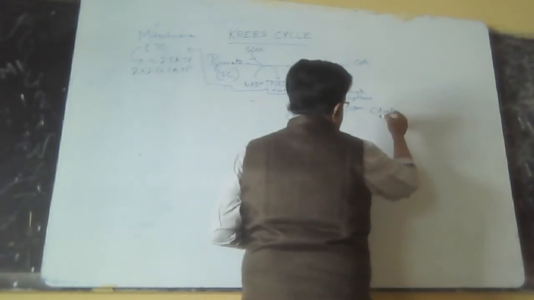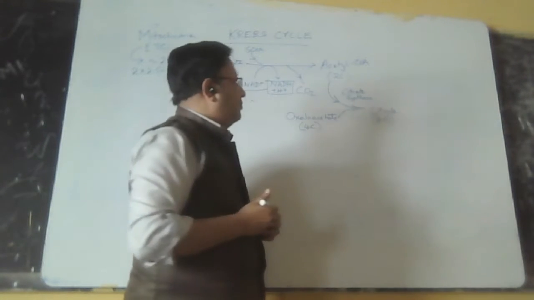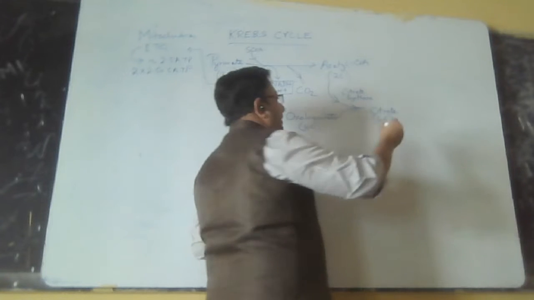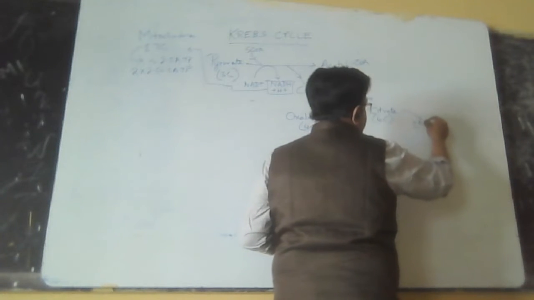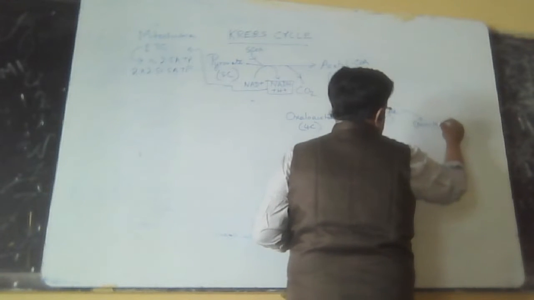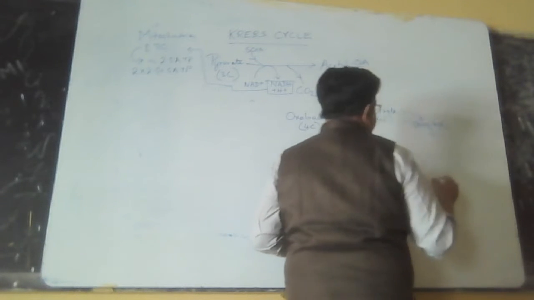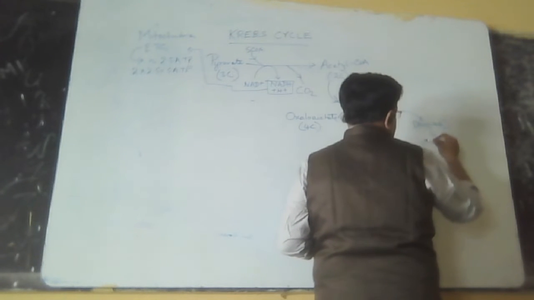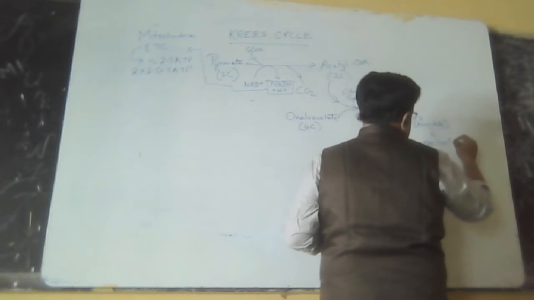This citrate is a 6-carbon compound. The citrate forms an intermediate known as cis-aconitate, which reorganizes and forms isocitrate.